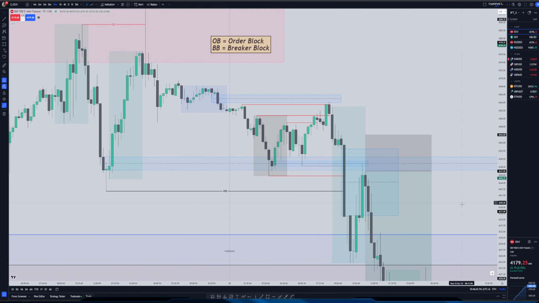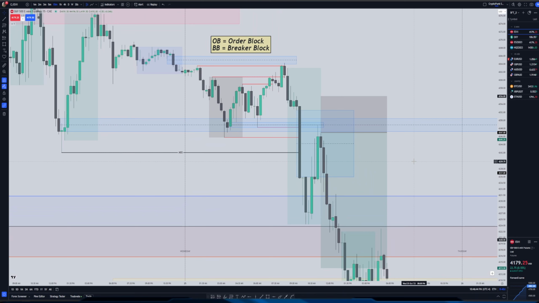As you see, I didn't have anything marked before, I didn't look into the chart before. I just came, talked about these things, and showed you these things. If this is not what you want to learn, you can have your own opinion, your own mindset, and go wherever you want to go. I want to teach people what I learned, what I experienced, what I have looked into on the chart over the last 4 to 5 years of trading.